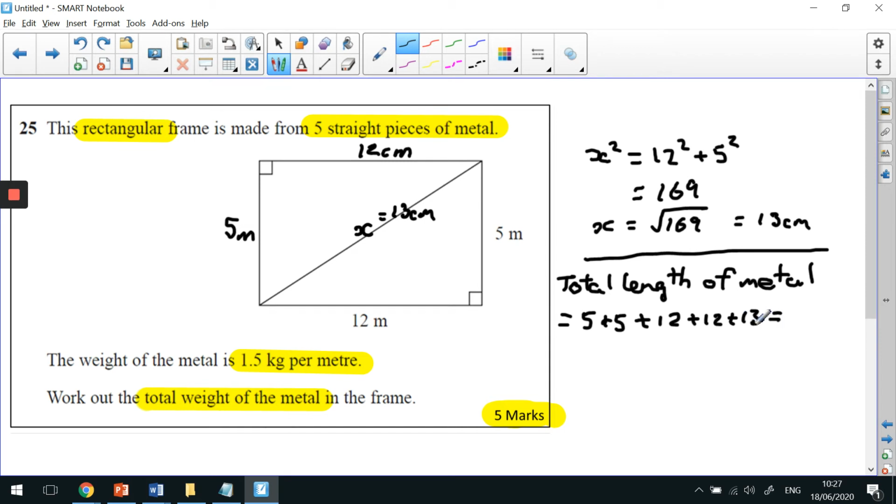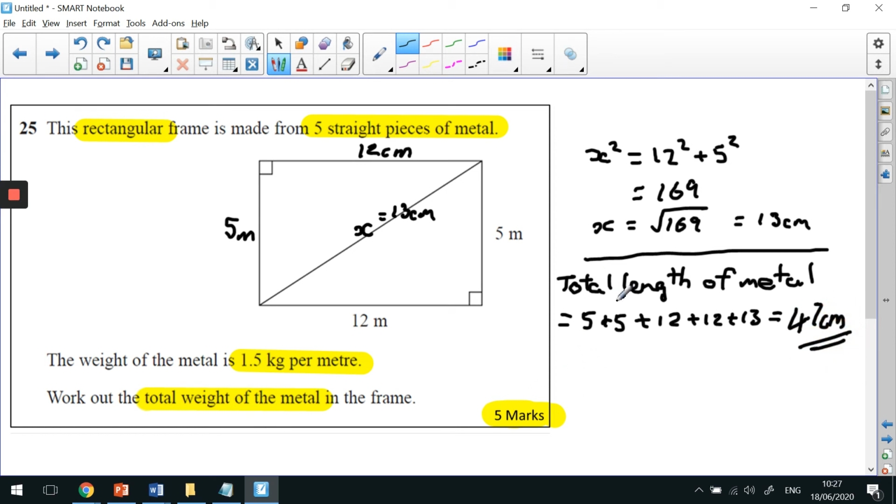So that is equal to, just quickly do it on my calculator, 5 plus 5 plus 12 plus 12 plus 13. I'm not going to try and do it in my head because I'm going to make a mistake. So that is equal to 47 centimetres.